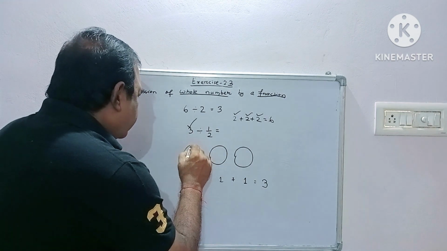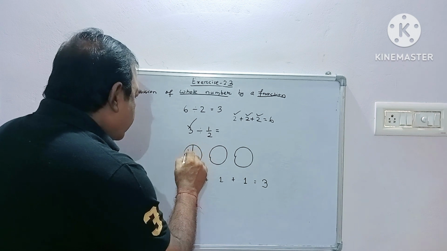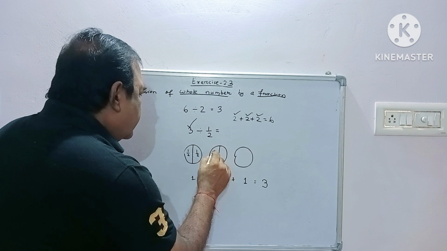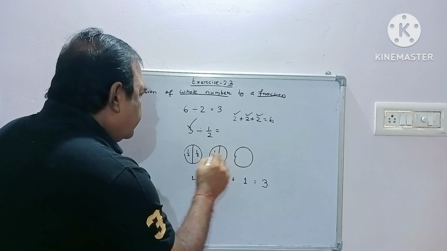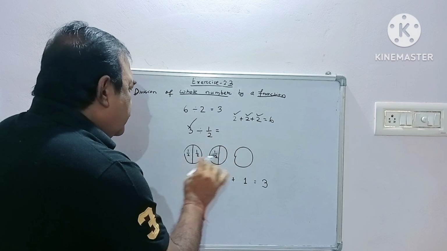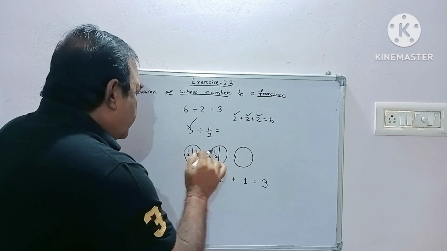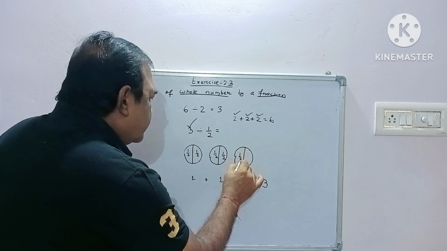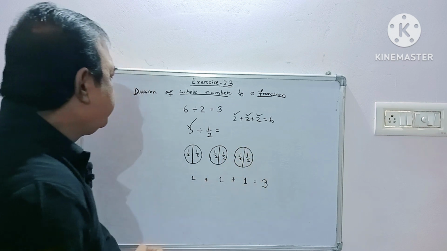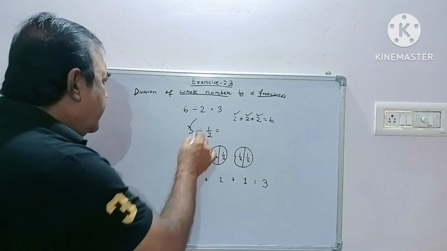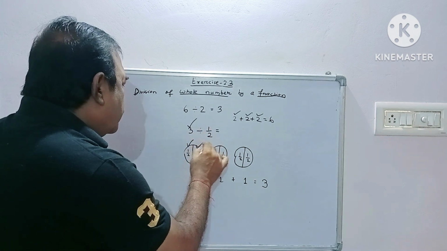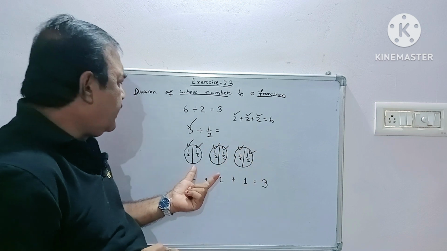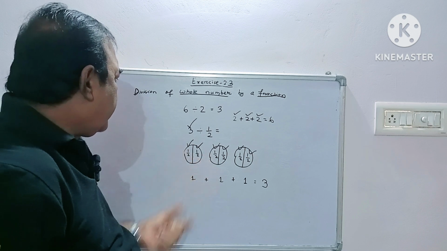You see, just divide each whole part into 2 equal parts. You see, how many 1 upon 2? 1, 2, 3, 4, 5, 6.